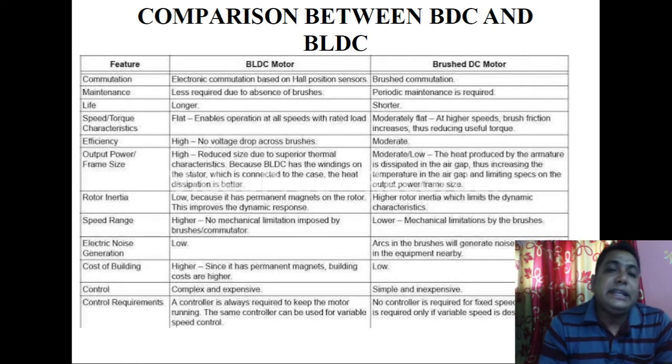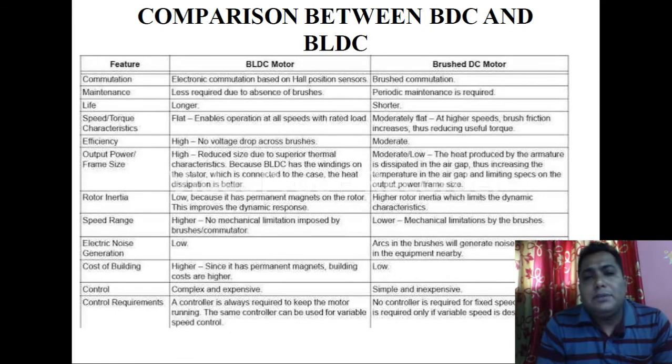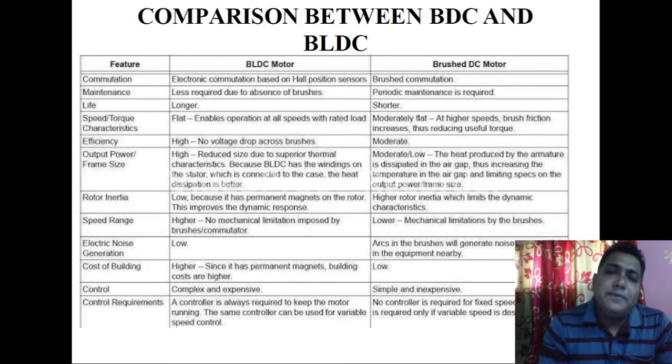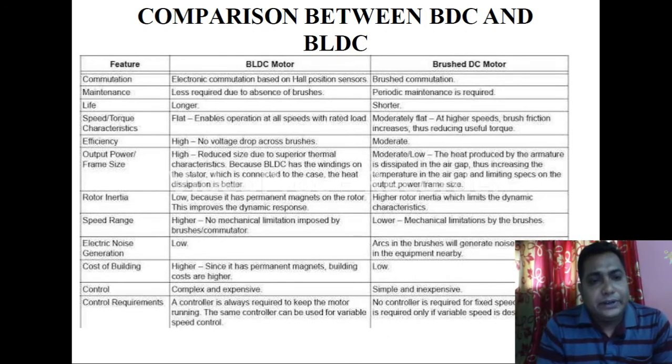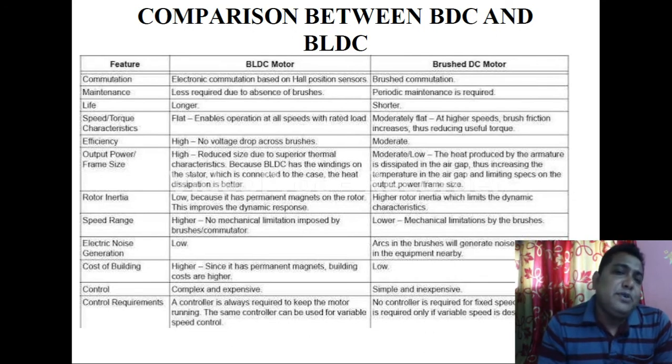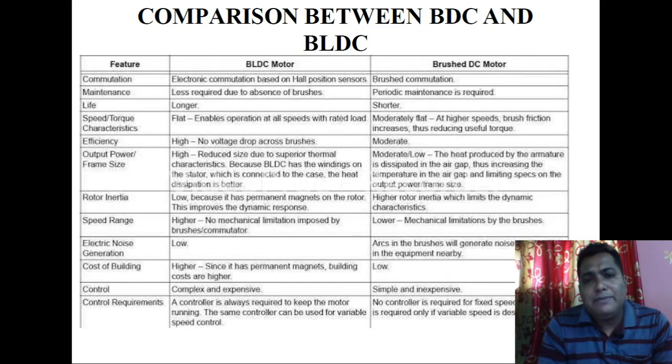Maintenance: less maintenance is required due to the absence of brushes, and in the case of brushed DC motors, periodic maintenance is required. So in the case of the BLDC motor the life is long, but in the case of the brushed DC motor the life is not long.